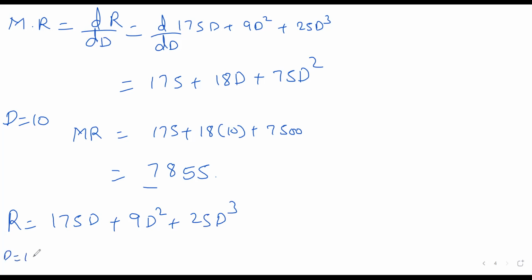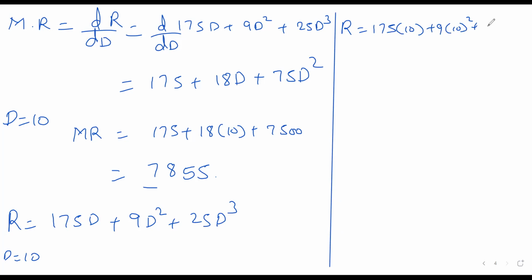So at D is equals to 10, we will put D is equals to 10 here. 175 into 10 plus 9 into 10 square plus 25 into 10 cube, that is 1000. 1750 plus 900 plus 25,000.